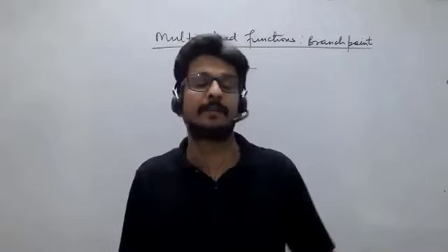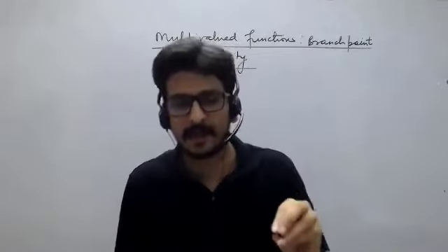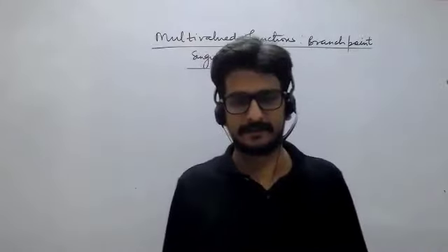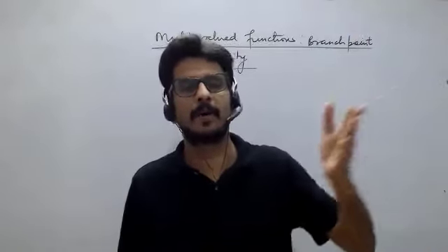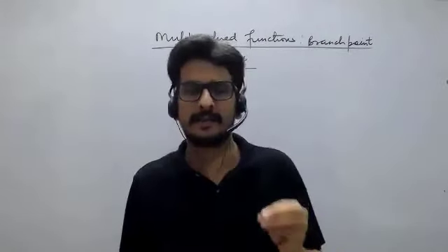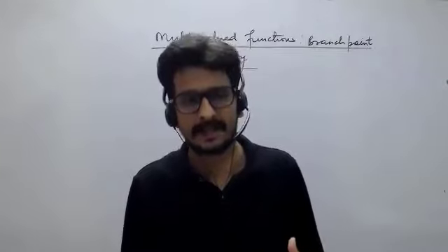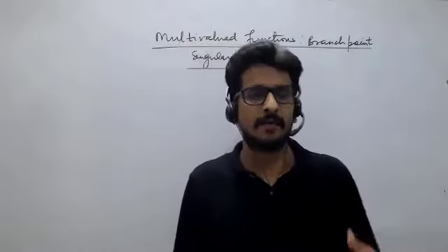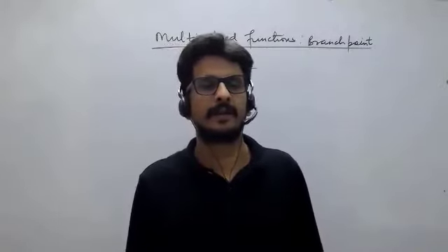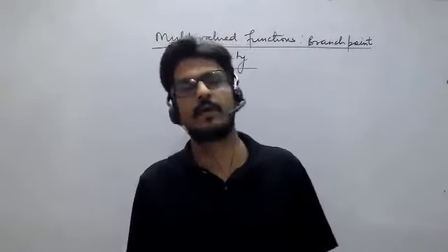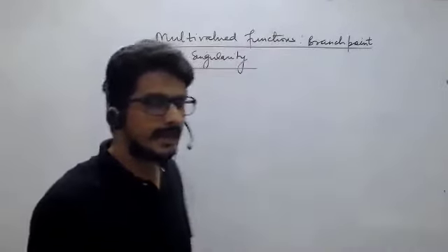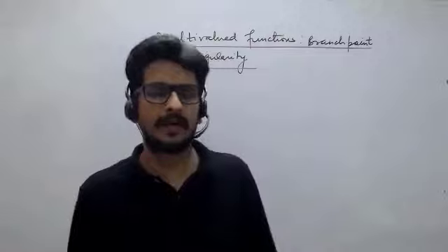So this is one type of singularity, when at that particular point your function becomes not defined. For example, 1 upon z minus 1, z is equal to 1 is a simple pole. That means it is a kind of singularity. If we try to calculate the value of this function at z is equal to 1, we won't get anything. Okay. So there are some removable singularities also.